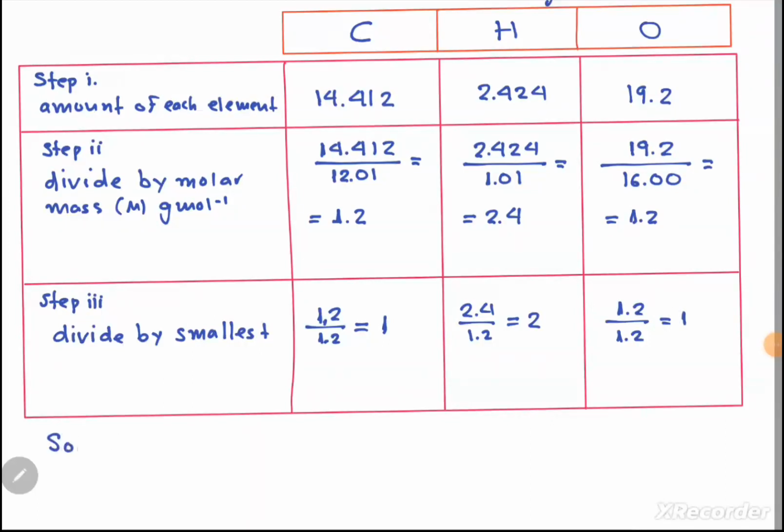So we have whole numbers results. So the empirical formula for the organic compound is CH2O. This is example 1. Continue with example 2.